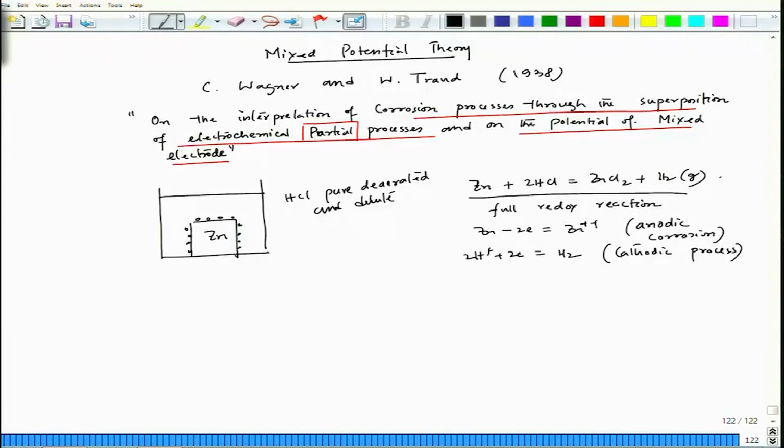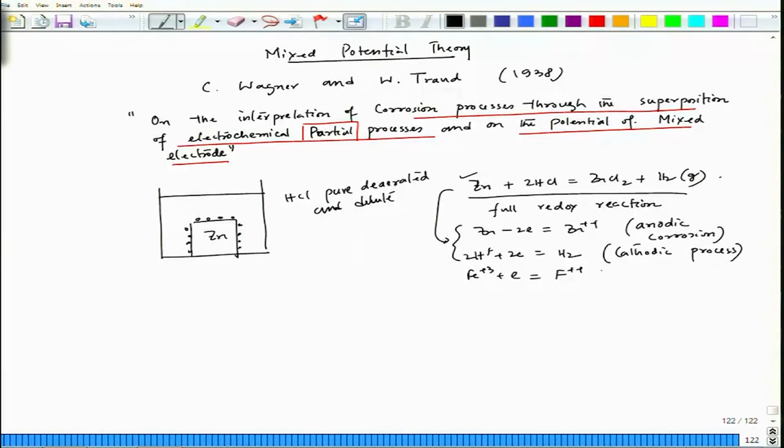So, that means the first statement, which says corrosion process through the superposition of electrochemical partial processes. Now, you see that this one full redox reaction has been broken into two partial reactions. One is oxidation, another one is reduction. Now, if we have ferric ions, then of course there could be one more reduction process, which is Fe3+ plus 1 electron going to Fe2+.